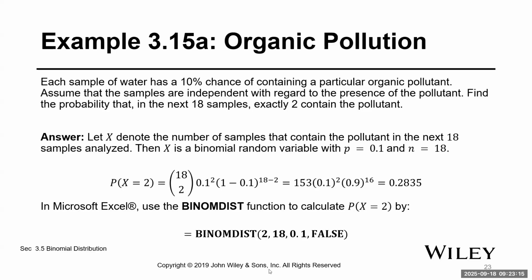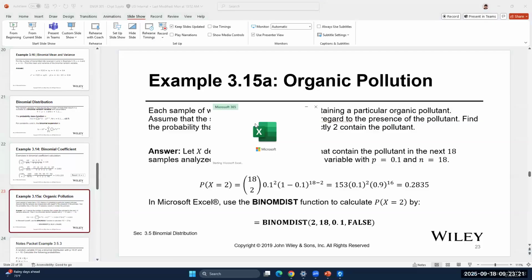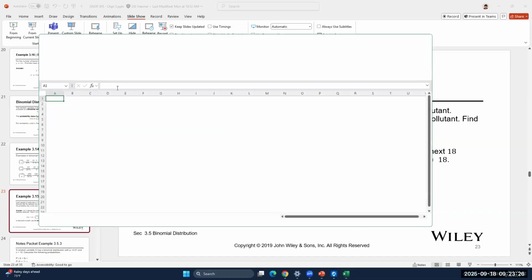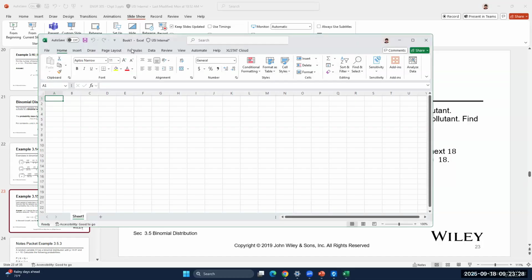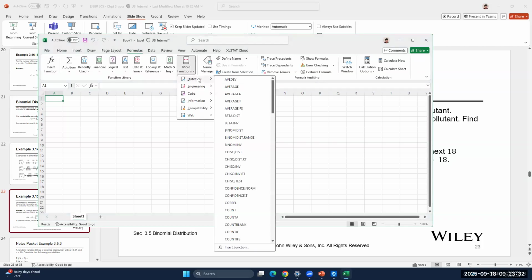Let's just do it real quick. I can go to my formulas here, and if I look under more functions and statistical, I can find binomial.